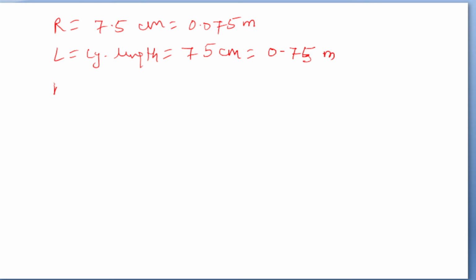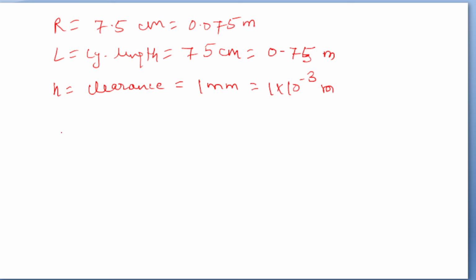The clearance h is given as 1 mm, that is 1 into 10 to the power minus 3 meter.